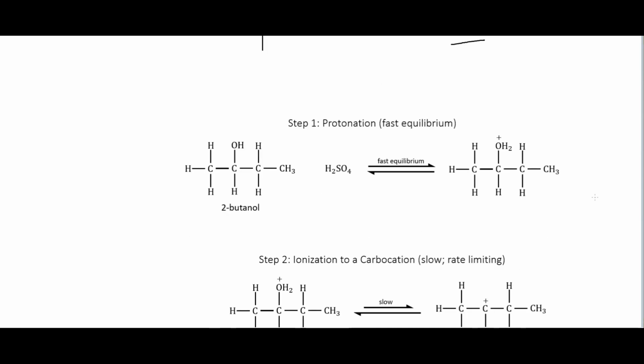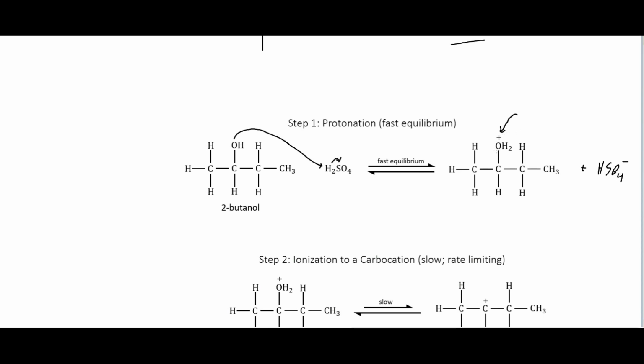So this is just looking at a particular instance of this. We have this 2-butanol here, and we can have this oxygen come and take a hydrogen from the acid right here, and so we have our plus HSO4 minus right there. So we've protonated our alcohol right here.